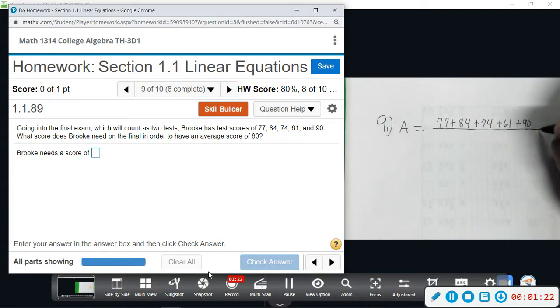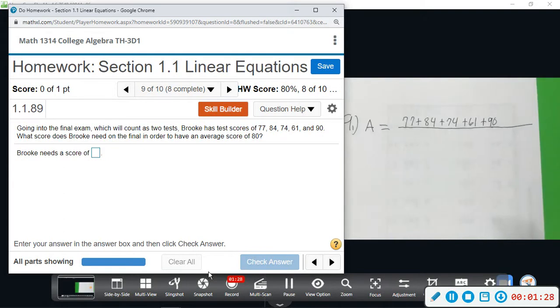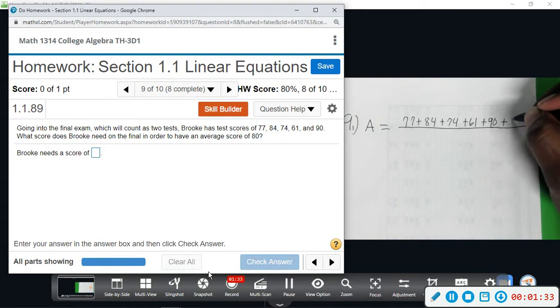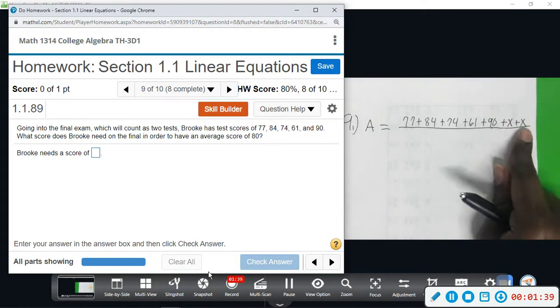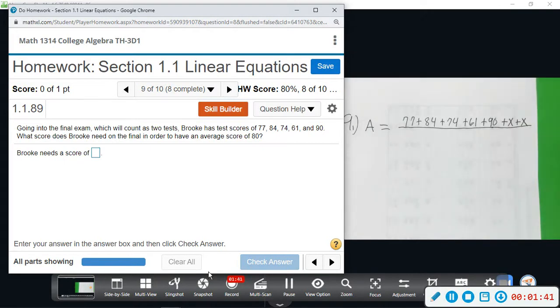We have to add 2 more test grades, which we don't know, so we can just say plus X for the unknown and then plus X again. The reason we're doing the 2 X's is because we're told that the final exam will count as 2 tests. So we need 2 additional tests.